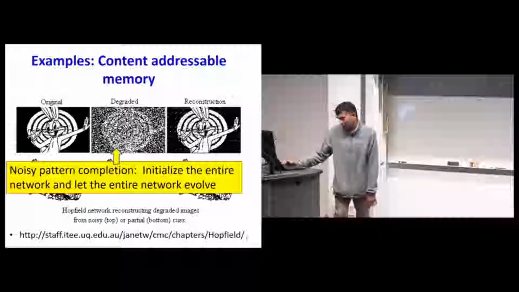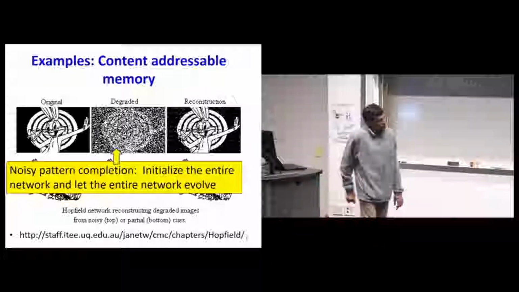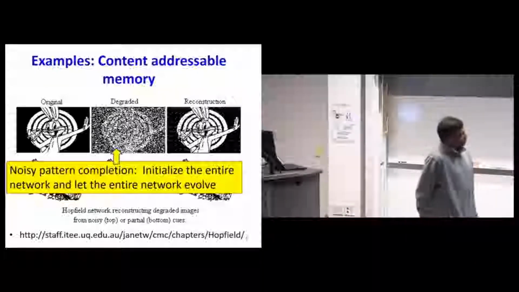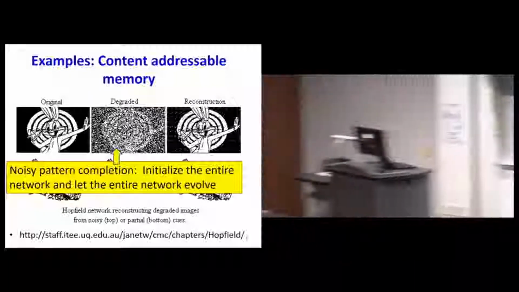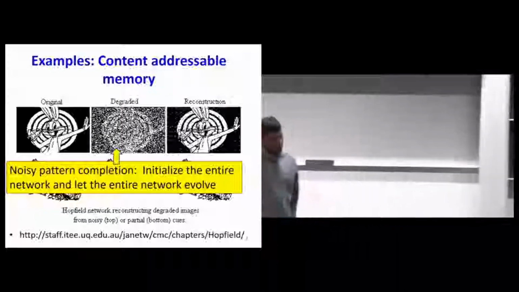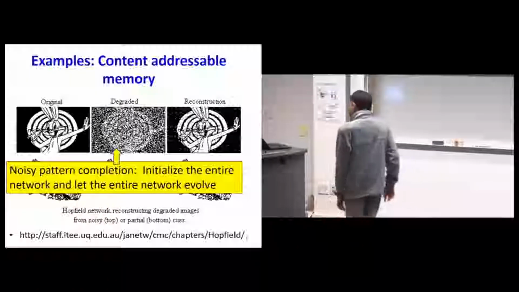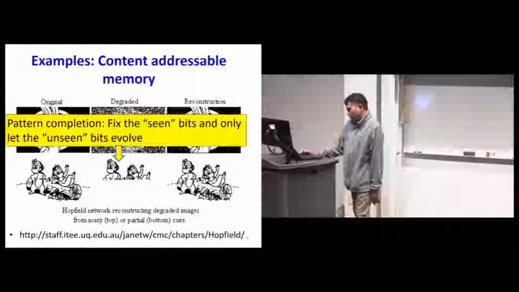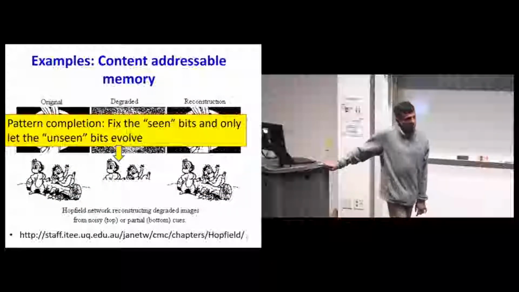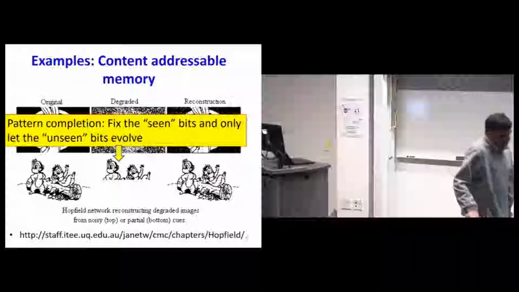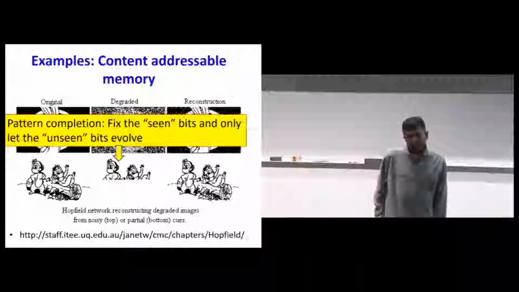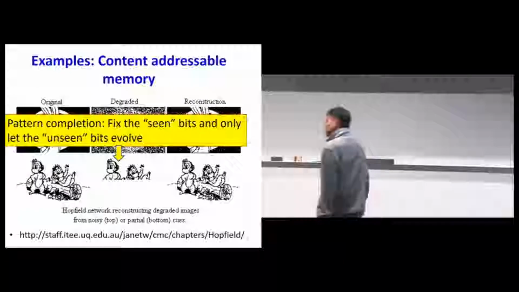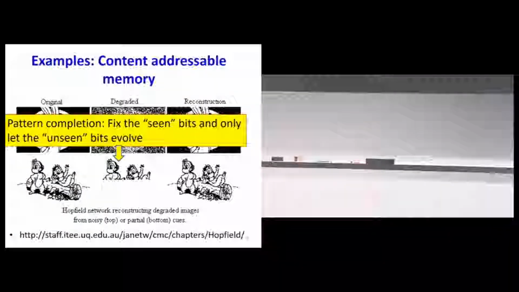There was one example where the input provided was a noisy version of the stored pattern, and it evolves to recall the pattern. In the other case, we saw where it actually performs pattern completion. You fix some of the bits, and you let the network evolve to fill in the rest of the data. We saw that it could do all of these, right?